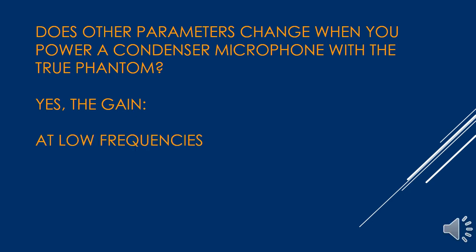Do other parameters change when you power it with the True Phantom? Yes, the gain. And the gain you can divide in effects on low frequencies and on higher frequencies.